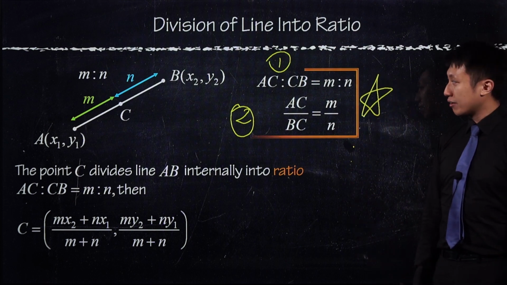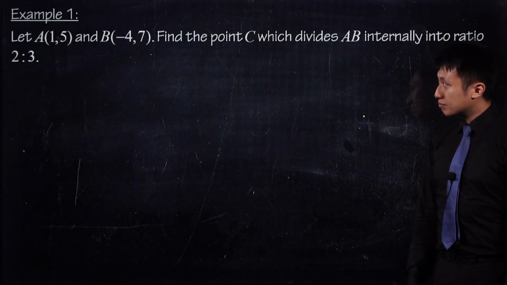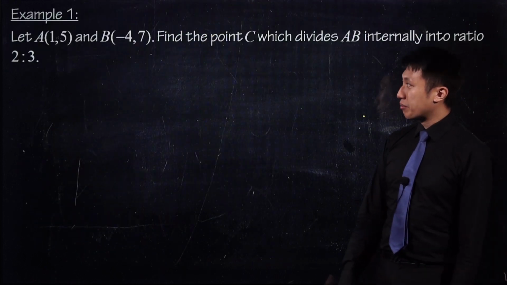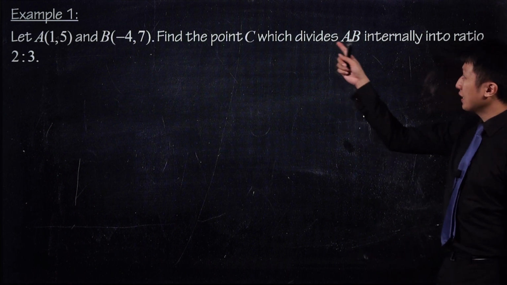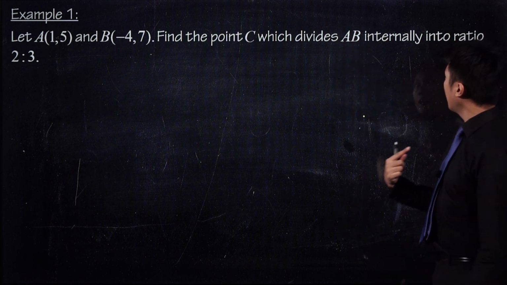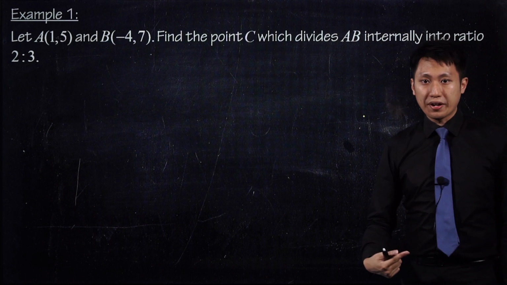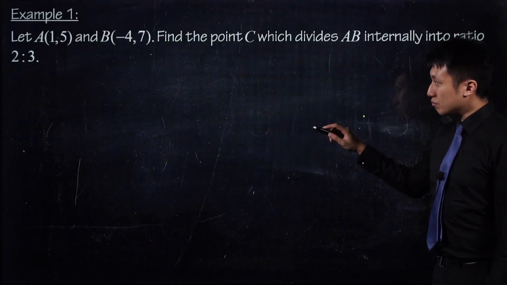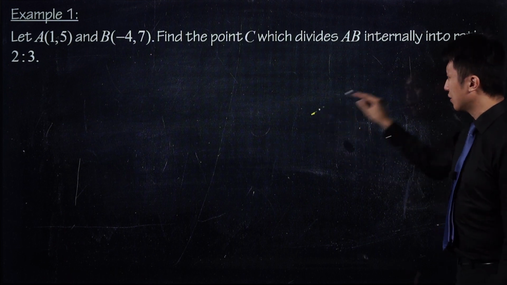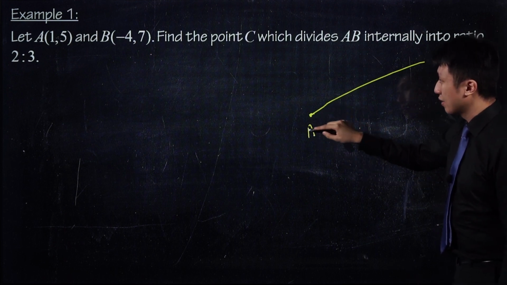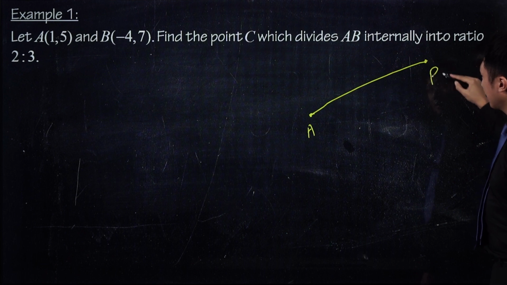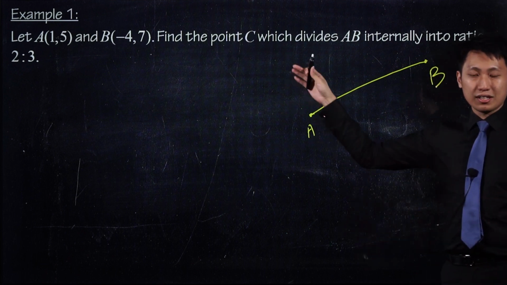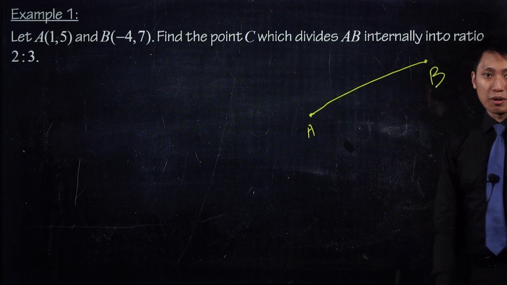So let's look at an example. You have A and B. Find the point C which divides AB internally into ratio 2:3. What you need to do is draw a line A to B. The line of course extends infinitely, but we just need to talk about AB.